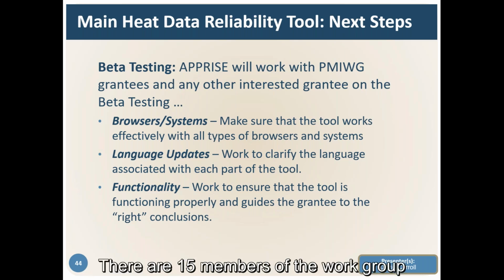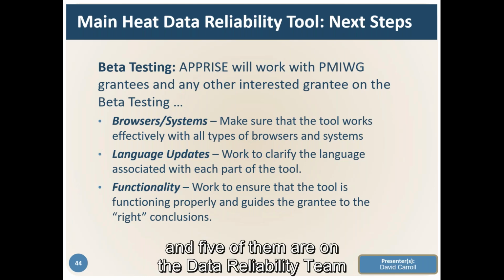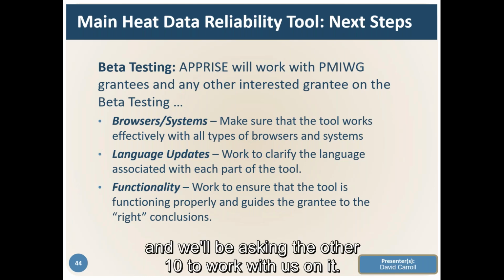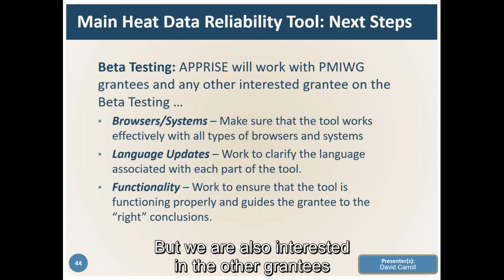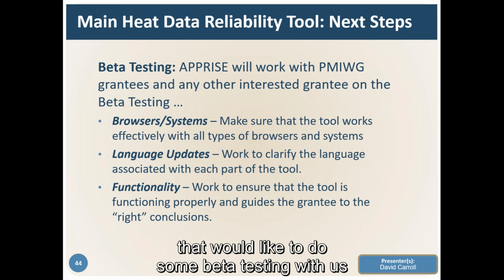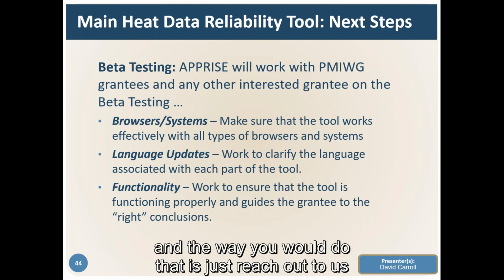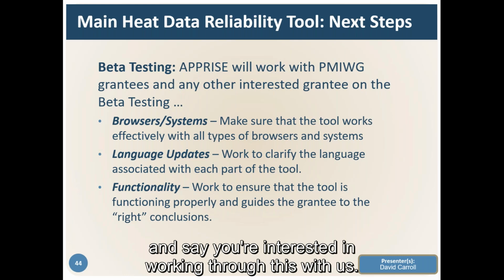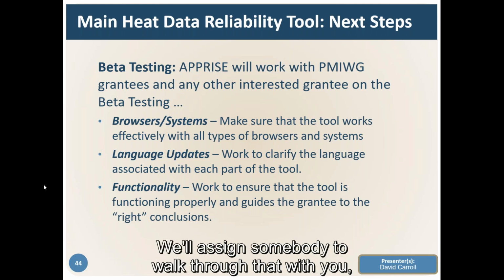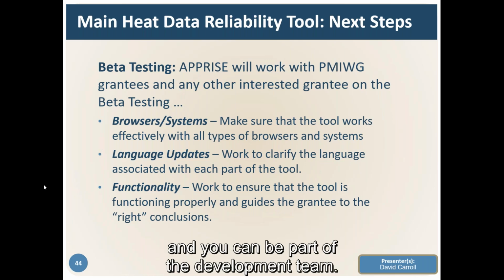There are 15 members of the work group, and 5 of them are on the data reliability team, and we'll be asking the other 10 to work with us on it. But we are also interested in any other grantees that would like to do some beta testing with us. The way you would do that is just reach out to us and say you are interested in working through this with us. We'll assign somebody to walk through that with you, and you can be part of the development team.